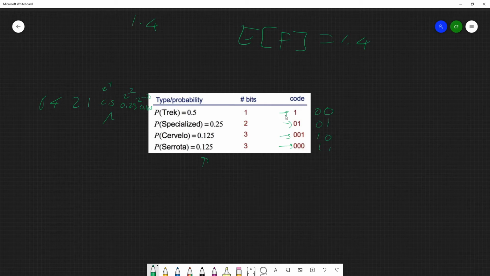If you find the expectation for this, it's 1 times 0.5, plus 2 times 0.25, plus 3 times 0.125, plus again, on and on. So you add all those different terms, and you get 1.75. So the expectation for this is 1.75 bits on average. The expected value is lower, so you're using less information.